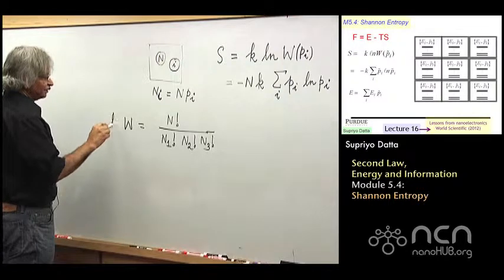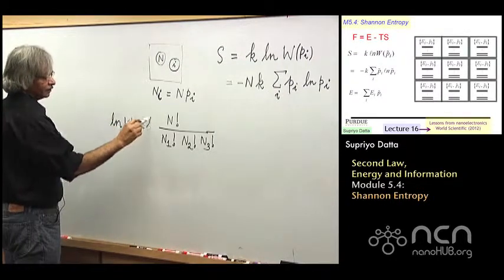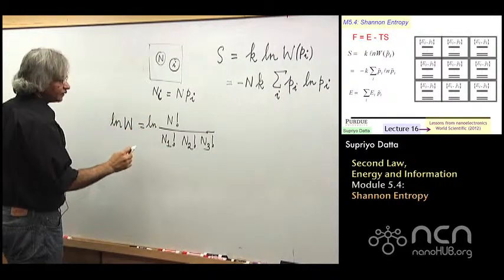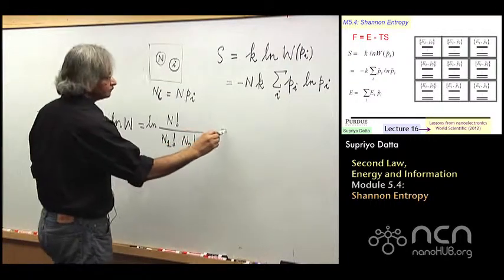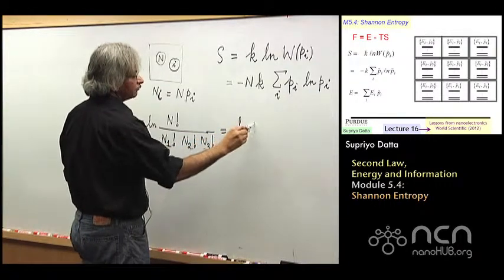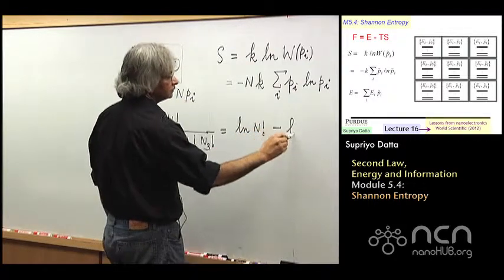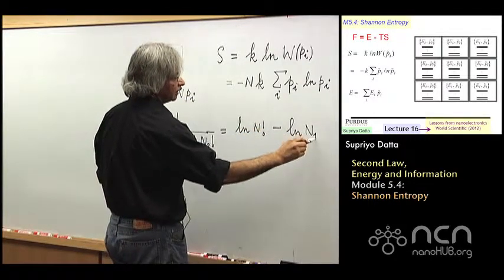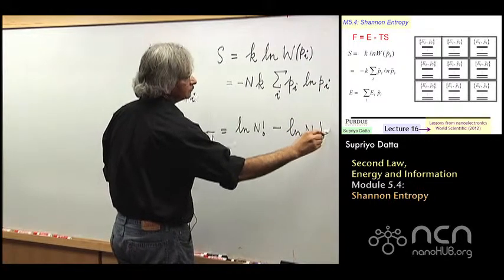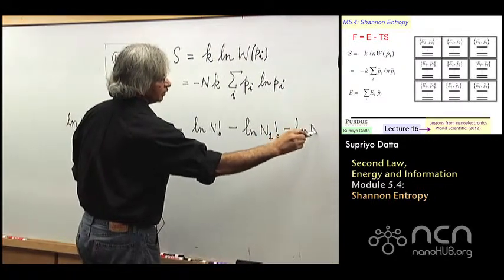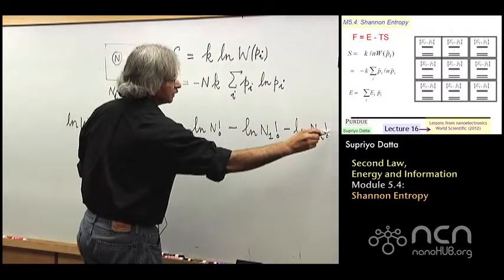That's this log W. Well, I could take the logarithm there. And that would be equal to then logarithm of factorial n minus logarithm of factorial n1 minus logarithm of factorial n2, etc.